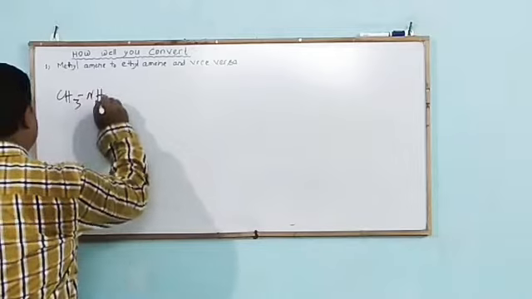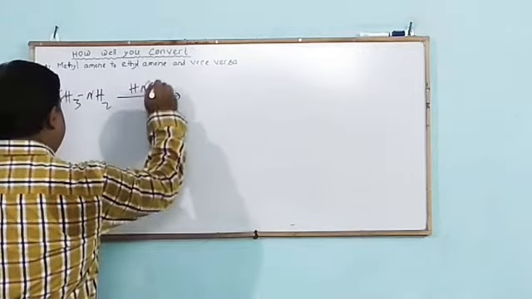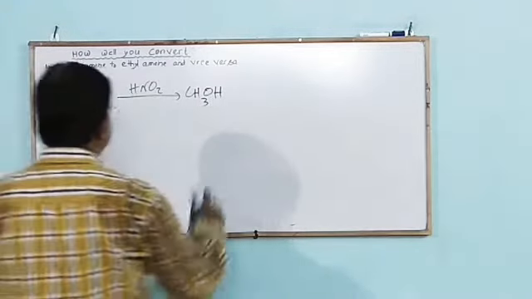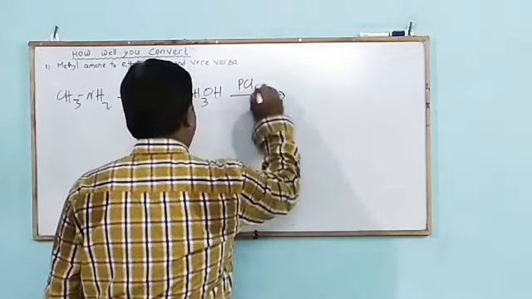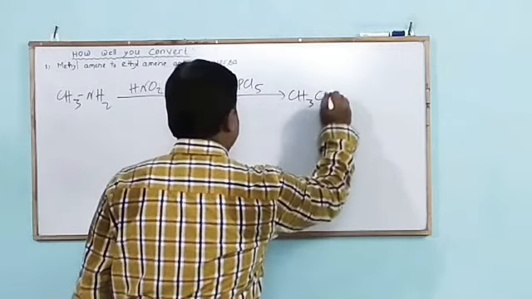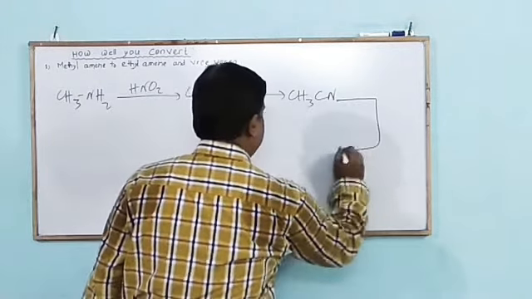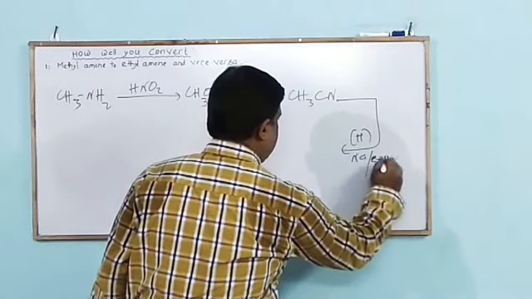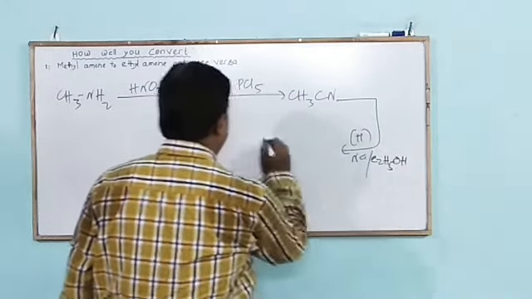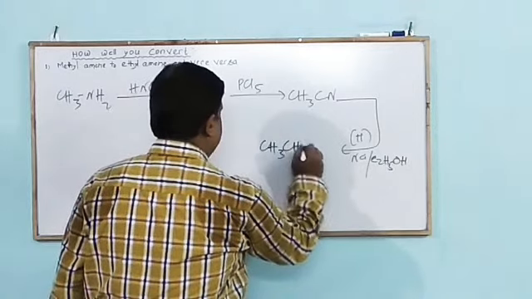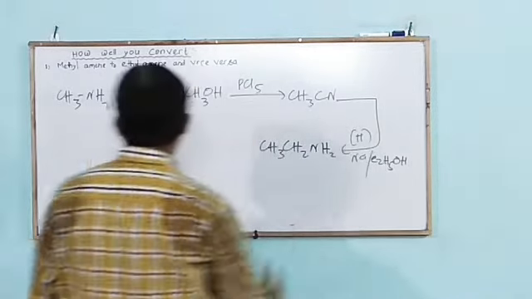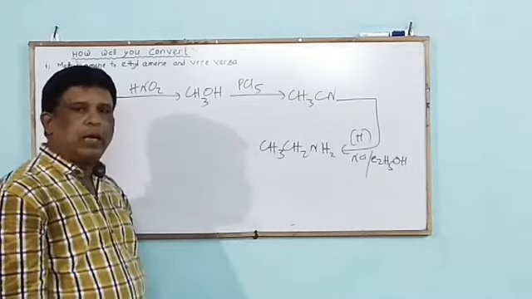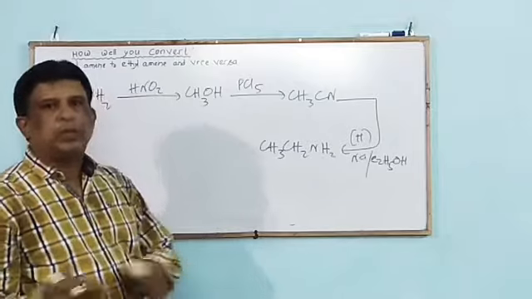Methylamine reacts with nitrous acid to form methyl alcohol, then PCl5 to form methyl chloride, then KCN to form methyl cyanide, and reduction with sodium/ethyl alcohol forms ethylamine CH3CH2NH2. So in this way methylamine is transferred to ethylamine. Now ethylamine to methylamine.